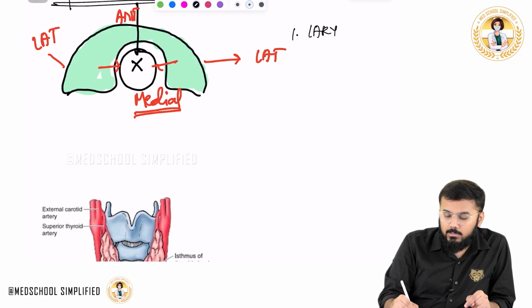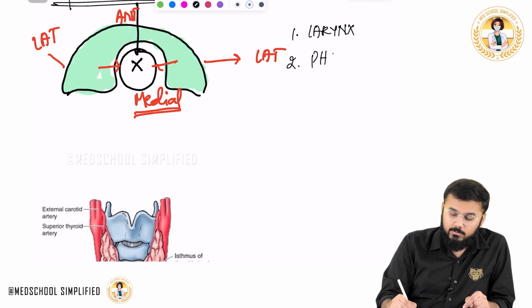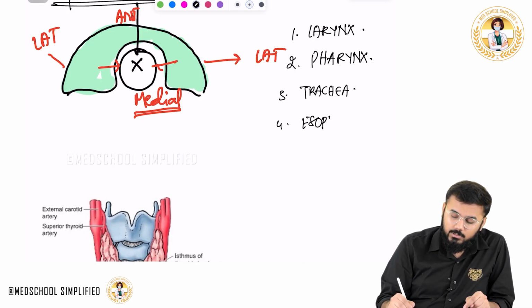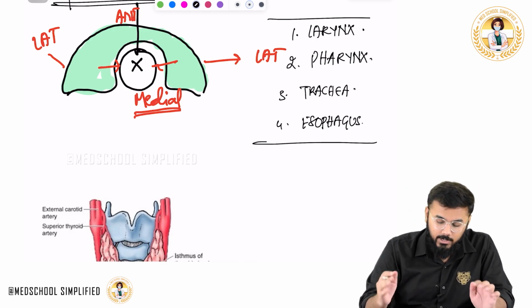That is your larynx. After the larynx, the second important thing would be pharynx. After the pharynx, the third important thing would be trachea. And after the trachea, the fourth important thing would be your esophagus. So these are the structures which are located medially.